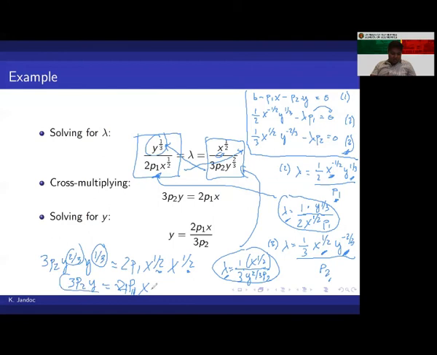Now you solve y in terms of x, so we put 3p2 in the denominator. So y is equal to 2p1x divided by 3p2. I hope everything's clear so far.